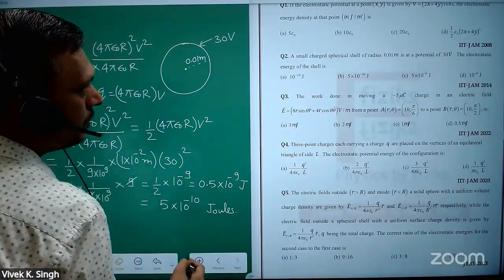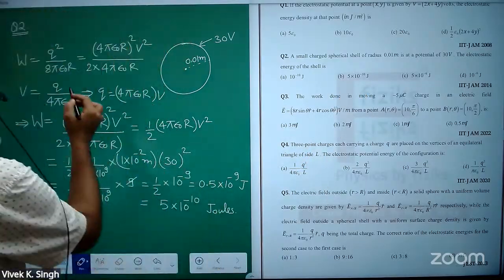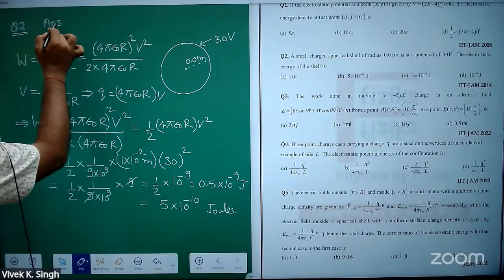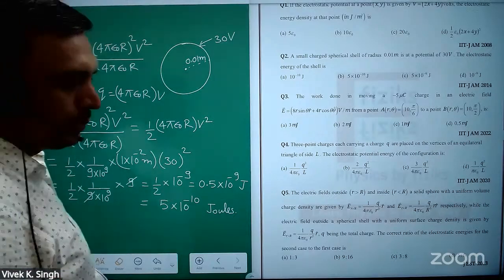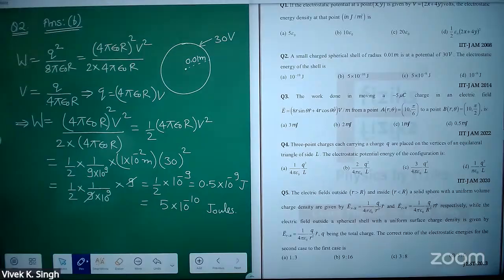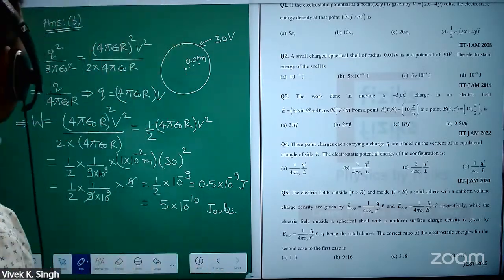So option B is correct. The answer is B, 5 into 10 to power minus 10 joules. Clear? So note it down.